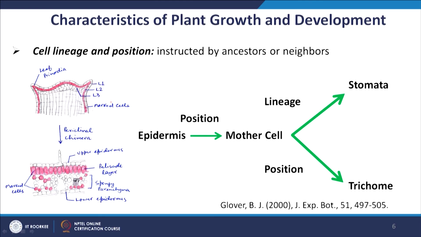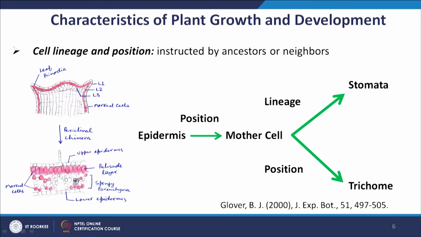Another kind of chimera could be the periclinal chimera. Here, for example, it is known that the shoot apical meristem has basically three layers, L1, L2, L3, and it is known that the epidermis, which is the outermost layer of any organ, is derived from L1, and L2 usually gives a cell layer which is beneath the epidermis.